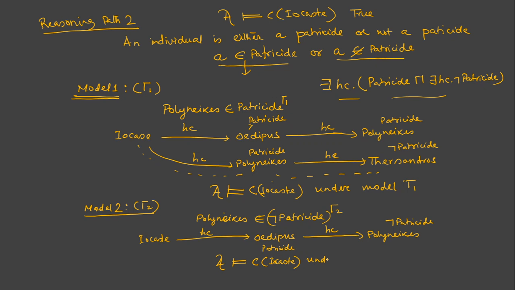And this is under model gamma 2. So basically either this is true or this is true, right? And either of these models derives the fact that Iocasta is a member of C. So that's why you can say that A models alpha, where alpha is basically C(Iocasta), is true under any given model.